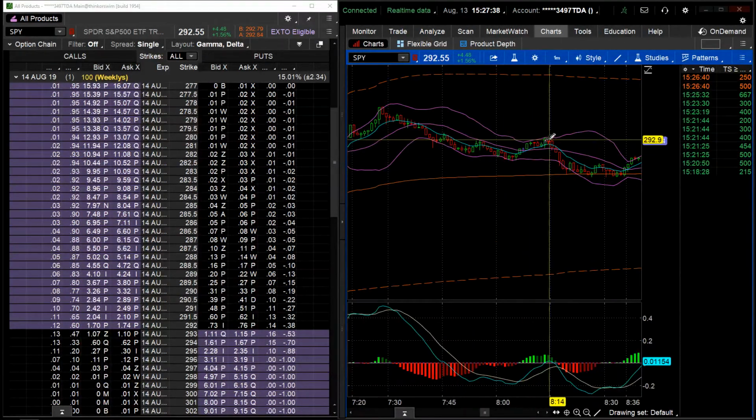Okay, so if it makes a move to the downside, 20 cents to the downside, this strike price might move 10%. At the same time, this strike price at 289, with the price at 20 cents, that's the most volatile. So if I buy it at $1.50, I have a probability of making 10 cents.